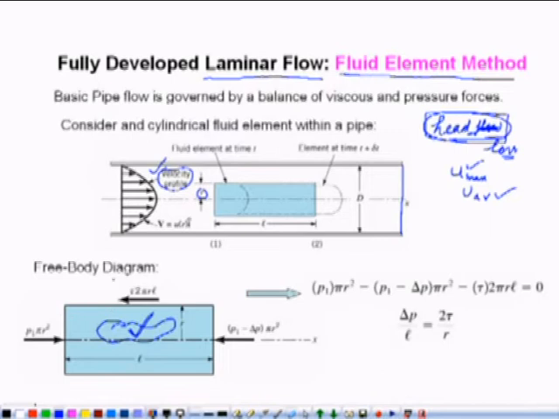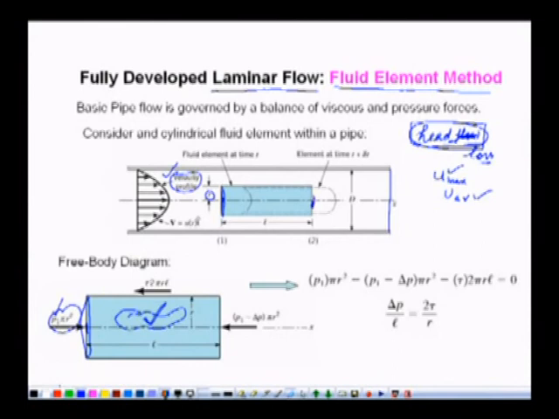On this fluid element, at this point we have pressure, let us say P1. So what is the pressure force on this face? On this face the pressure force is equal to P1 multiplied by area, and on this face the force due to the pressure is equal to P1 minus del P. What is del P?